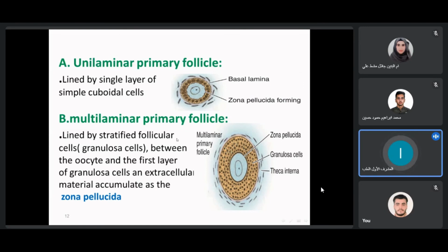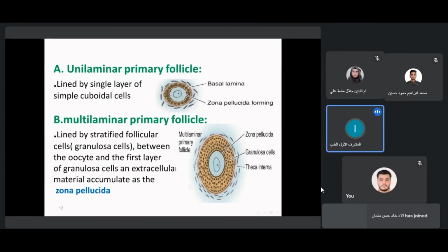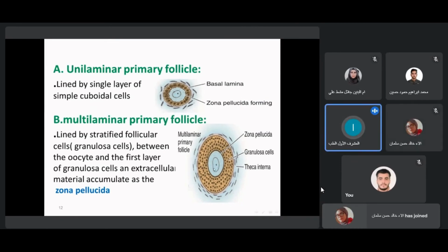At this stage, the second part or second stage of the primary follicle, a layer of extracellular material will accumulate between the developing granulosa cells and the primary oocyte. The zona pellucida, this layer that we said is extracellular material, is important during the process of fertilization.